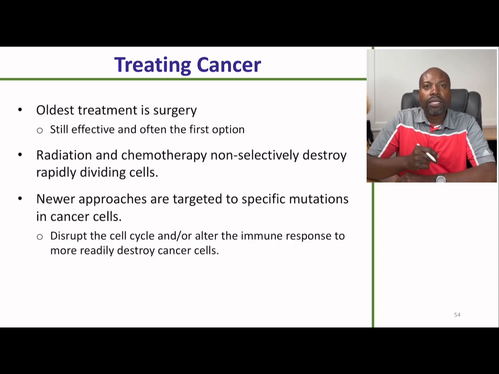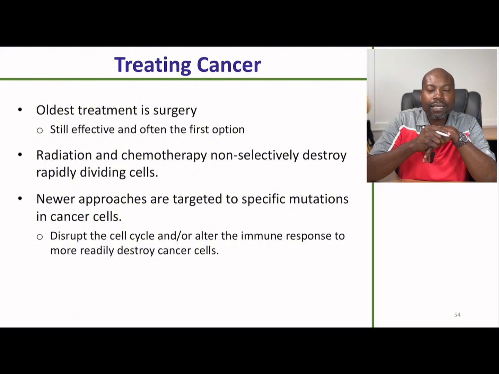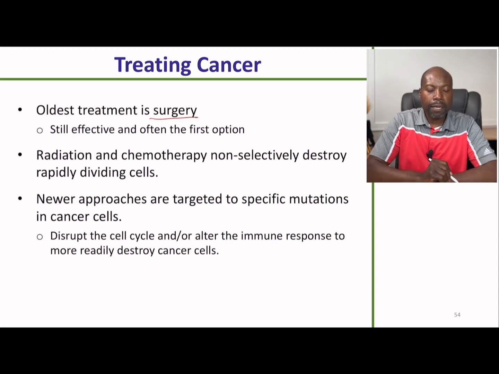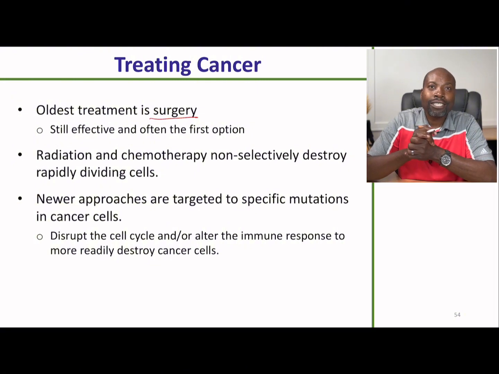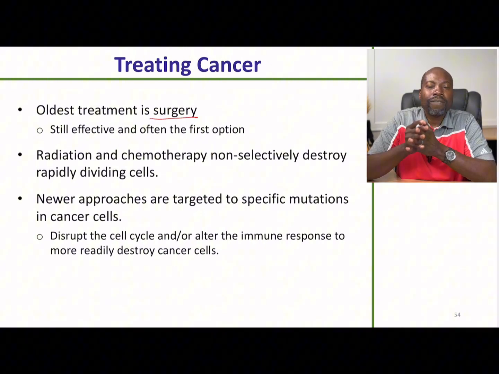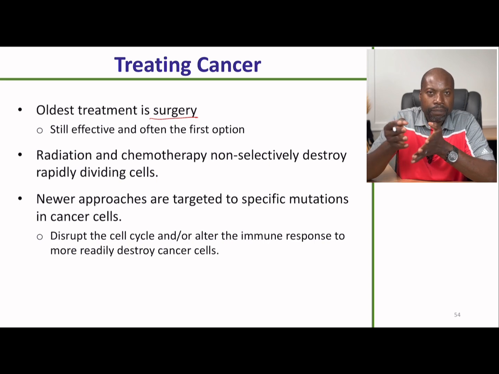So the oldest treatment that is still the best treatment, it's going to be surgery, okay? So surgery is still by far the most effective treatment, right? Nevertheless, that surgery is not always possible because of the location of the tumor, right? What if we are dealing with a lymphoma? If we are dealing with a lymphoma, how do you deal with that, right? A leukemia.